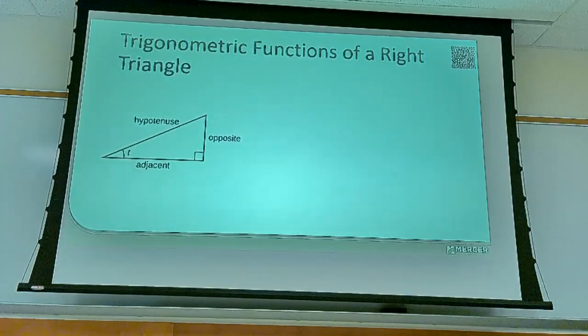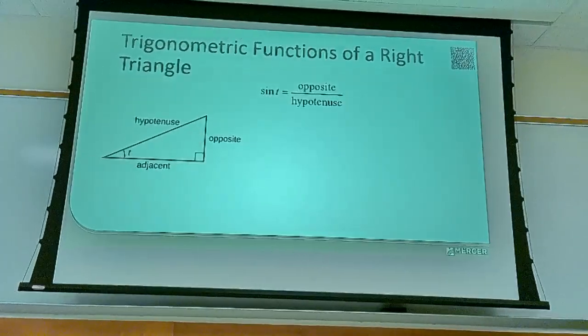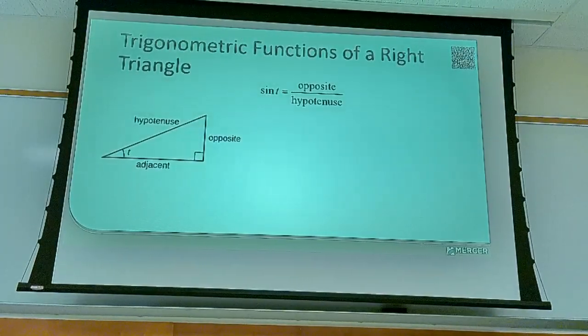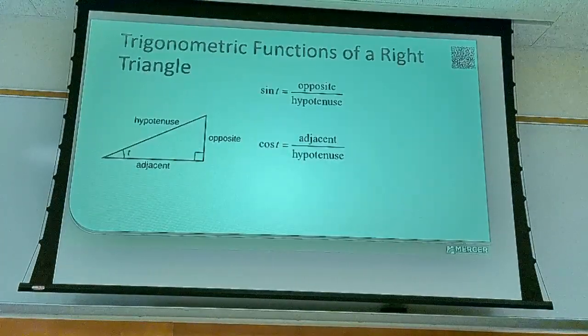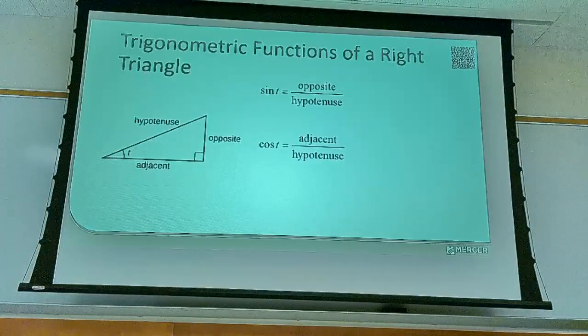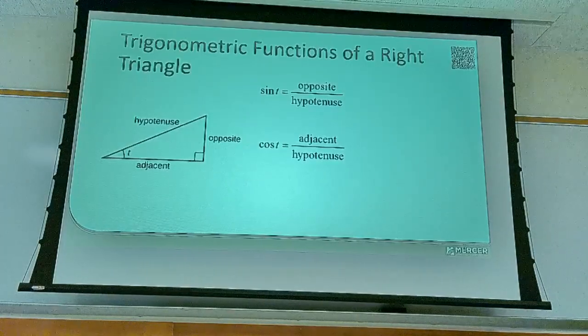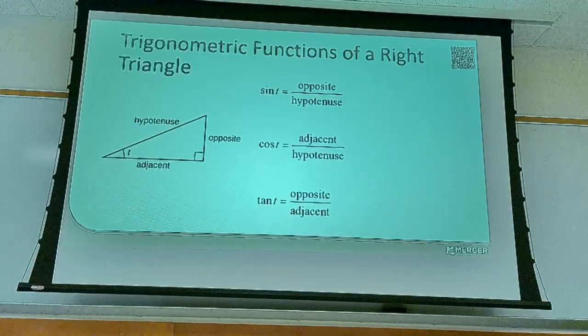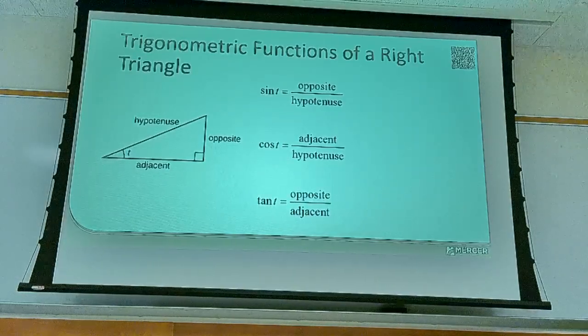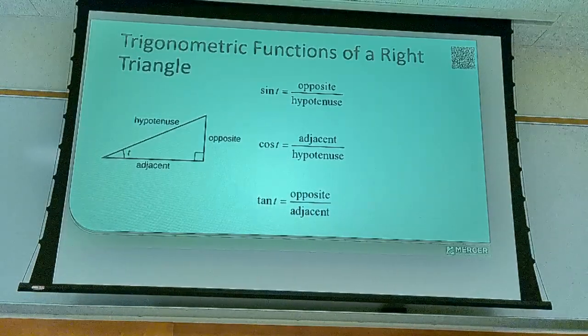And this stuff is going to be on it too. Sine is opposite over hypotenuse. Cosine is adjacent over hypotenuse. Tangent is opposite over adjacent.